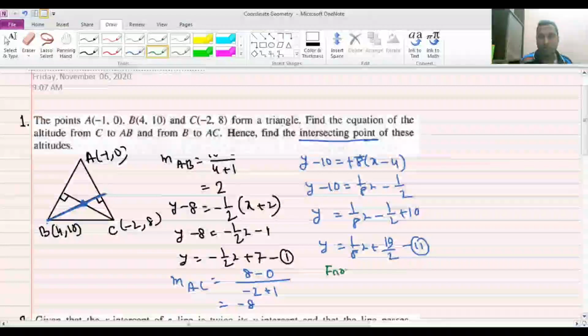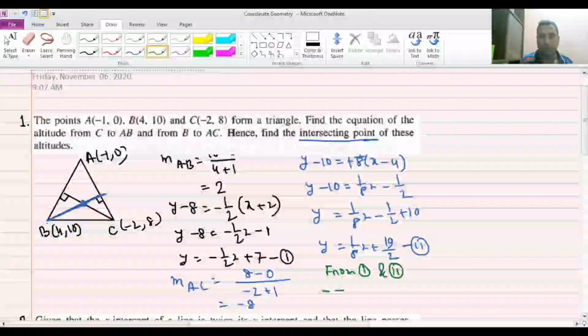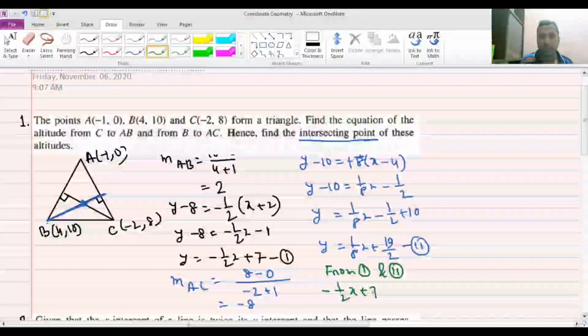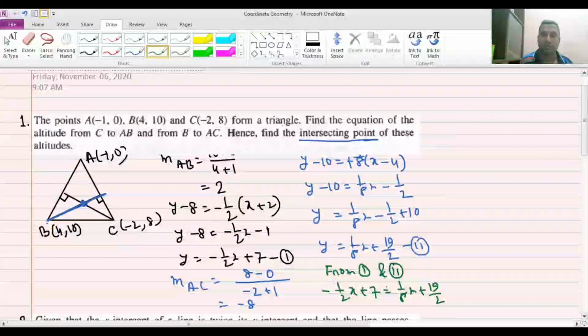From 1 and 2, -1/2 x + 7 = 1/8 x + 19/2. Now we need to simplify to find the value of x. The LCM of 2 and 8 is 8, so let us multiply everything by 8.